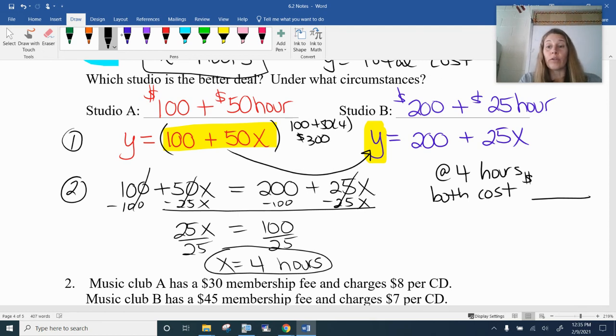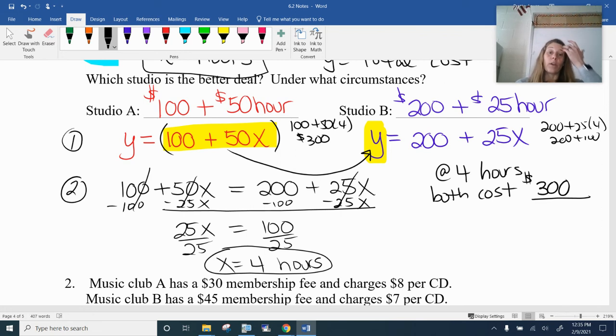What if you wanted to put it in over here? 200 plus 25 times 4, 200 plus 100 is still 300. So if you record for 4 hours, it doesn't matter if you go to Studio A or Studio B, they're both going to cost 300. So that's what the solution is.